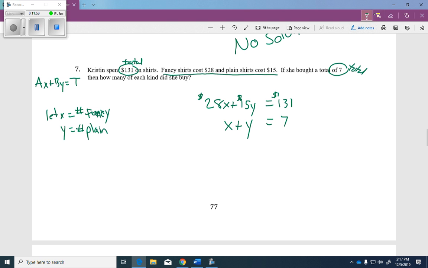And this, I would say, is set up for elimination. You can multiply the bottom by negative 28, or you can multiply it by negative 15. Either way would eliminate for you. The first equation stays the same.